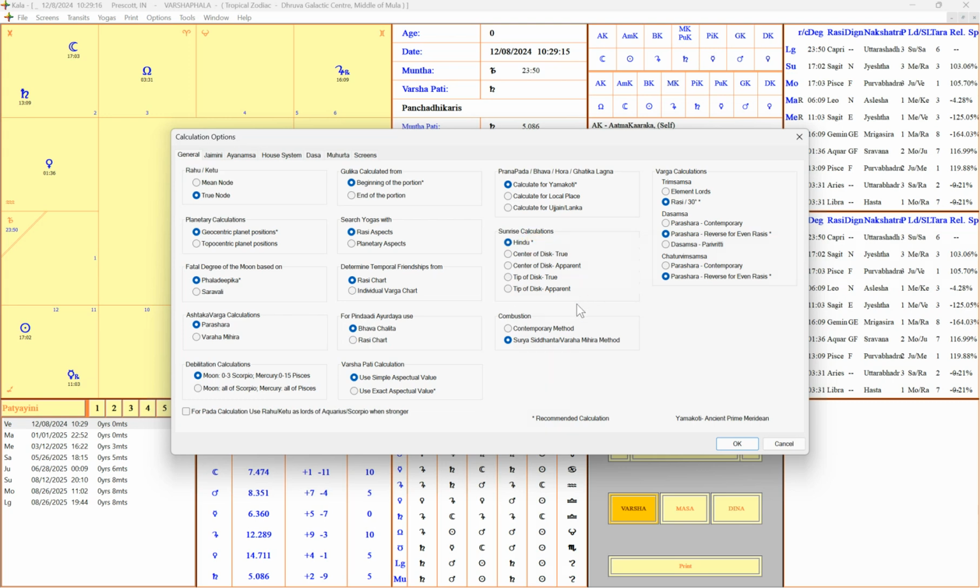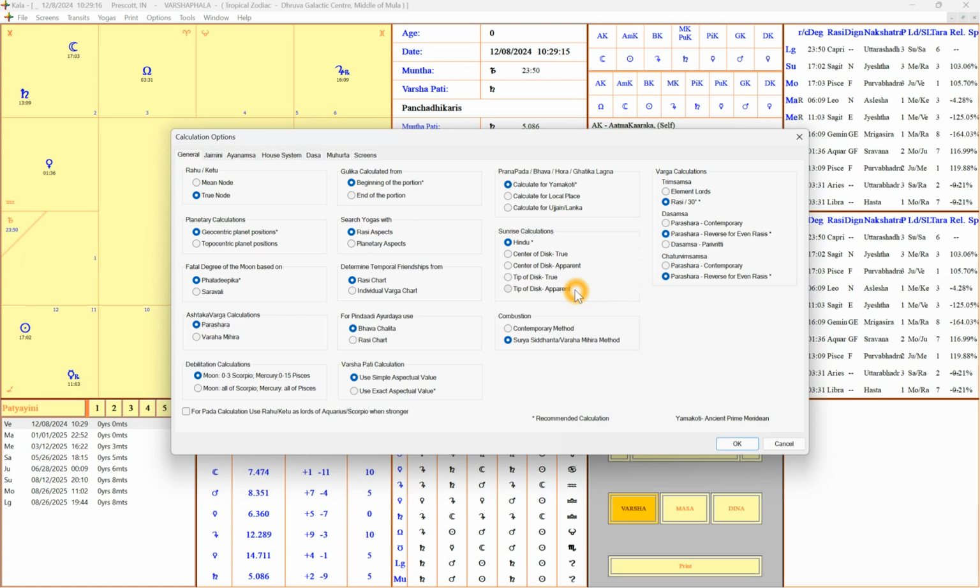But you can do tip of disk, which is true, which means when the tip of the disk is astronomically, mathematically on the horizon, or you can say when the tip of disk looks to be on the horizon, and there's actually a difference.